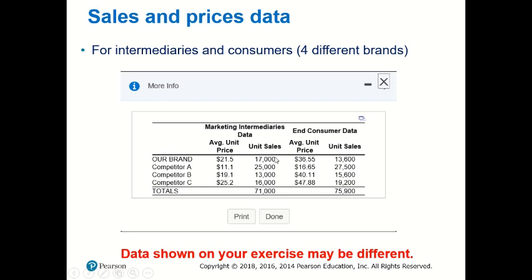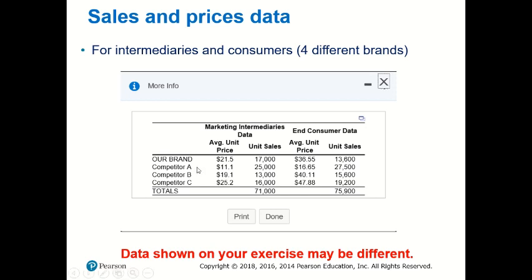In turn, this intermediary sells our product to the final consumers at an average unit price of 36.55 per unit, and they sell 13,600 units, right?